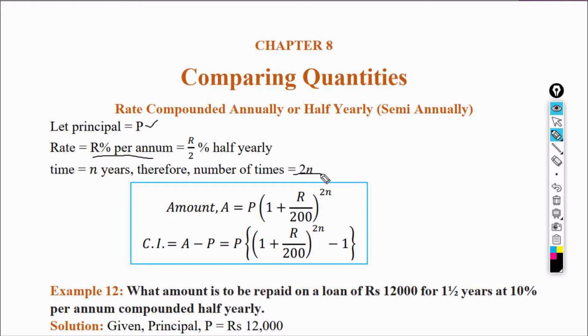In that case, amount A equals P into 1 plus R by 200 to the power 2n, and compound interest, that is A minus P, equals P into 1 plus R by 200 to the power 2n minus 1 is the formula.